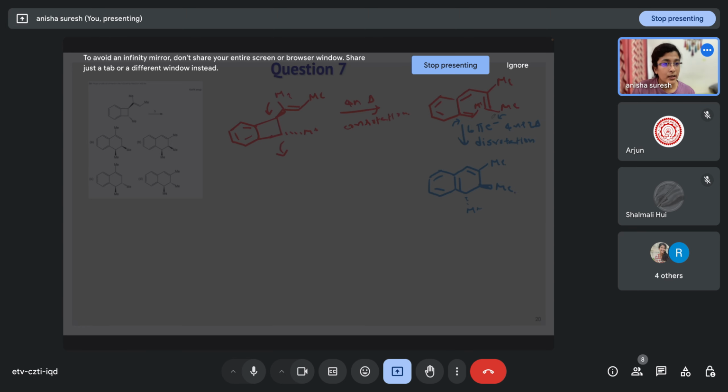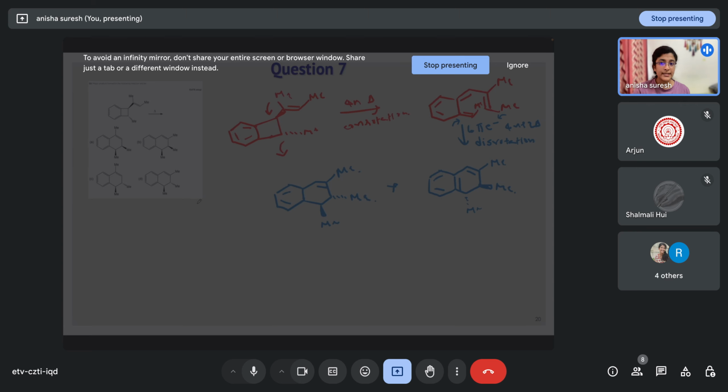Okay. If we do rotation in the other fashion, like this is anti-clockwise and this is clockwise, then we will get this other possibility. That is, this will be above the plane and this will be below the plane.